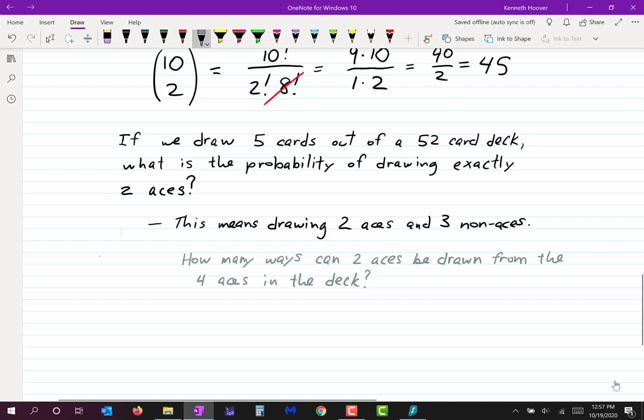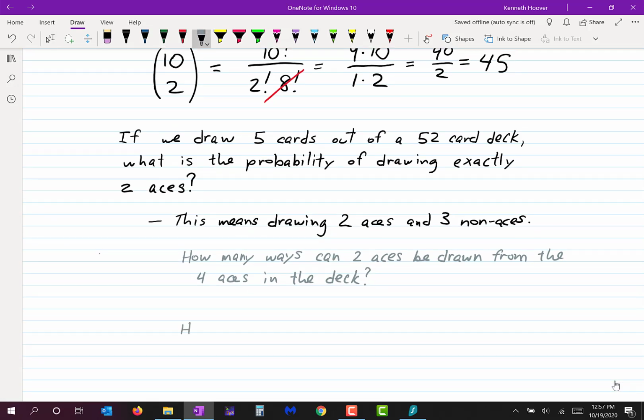We'll answer that in a minute. And then we need to ask, how many ways can 3 non-aces be drawn? So that means, how many ways can 3 cards be drawn from the 48 non-aces in the deck?